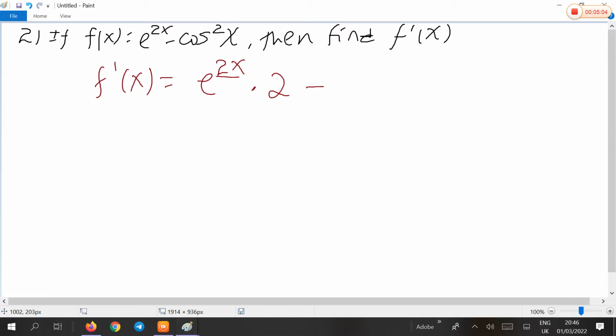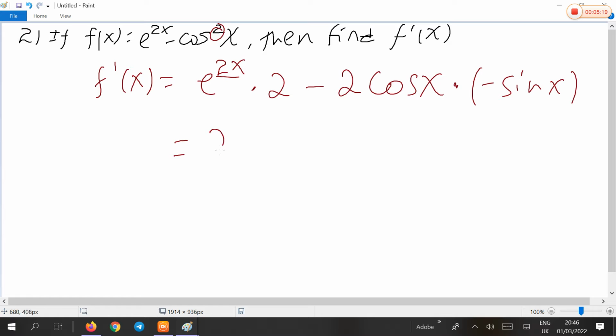Minus the derivative of cosine squared of x, which is twice cosine of x, since 2 minus 1 is 1, times the derivative of cosine of x, which is minus sine x.